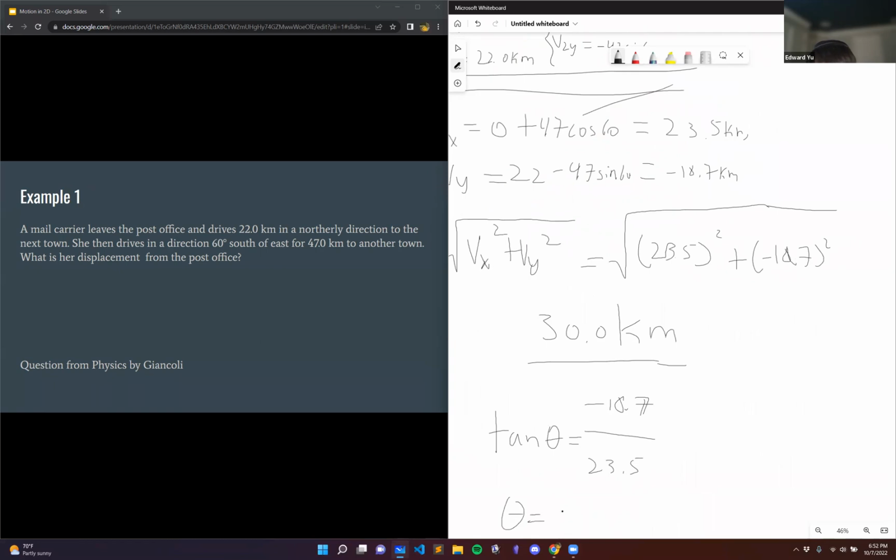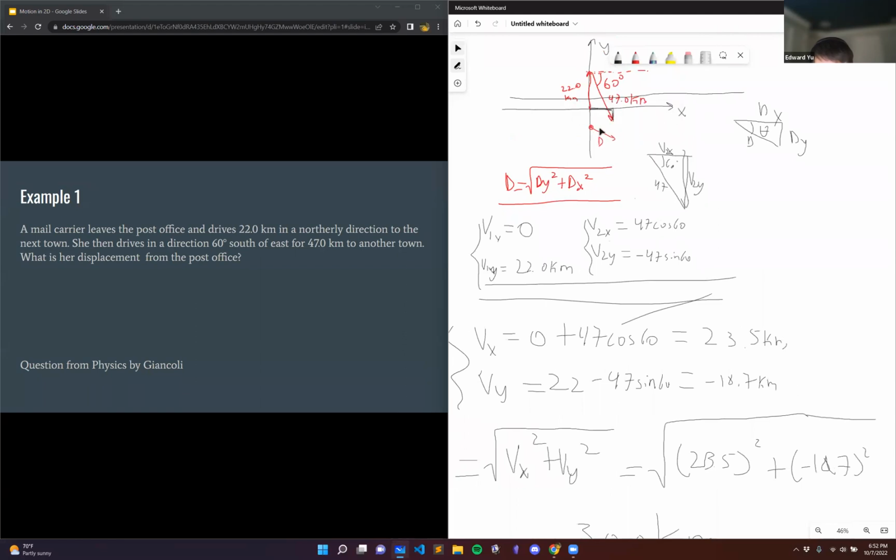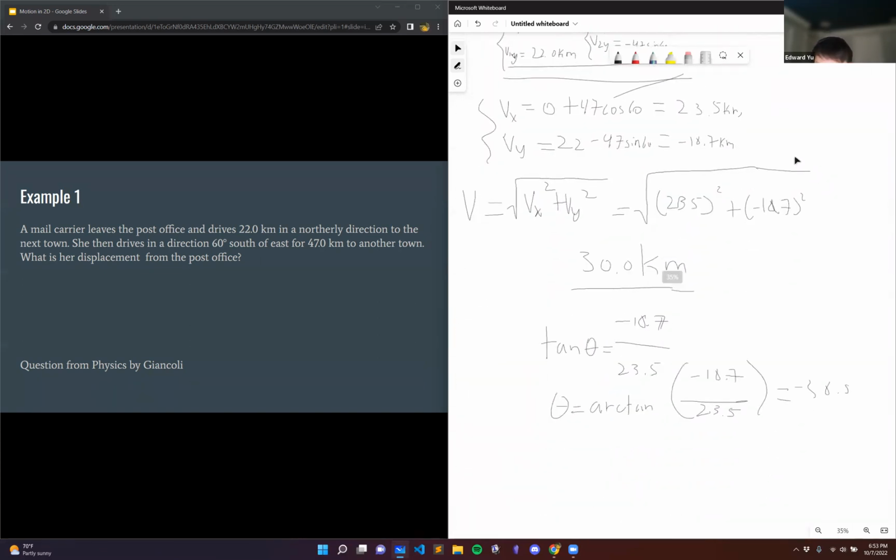Theta is equal to arctangent of negative 18.7 over 23.5, which equals negative 38.5 degrees. That makes sense because your angle is going downwards, like that. Okay, so you guys understand this question?